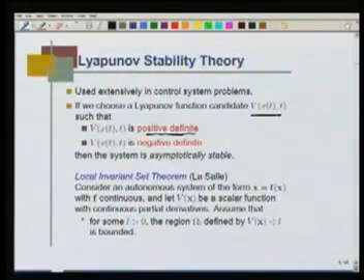Once we have selected such a Lyapunov function, if I compute the rate derivative of that Lyapunov function, V dot(x), and it is negative definite, then the system is asymptotically stable. Another condition is that if V dot becomes 0, then x(t) also converges to 0.